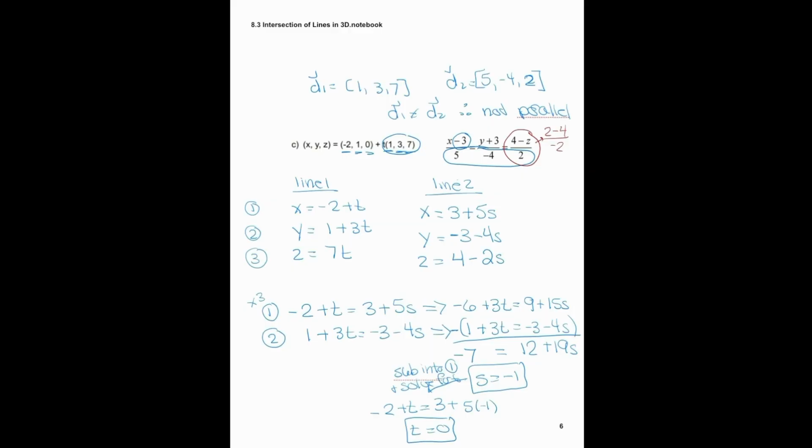If there is a point of intersection, the left side will equal the right side. If there is not, then the left side will not equal the right side. So we're going to check left side equals right side.